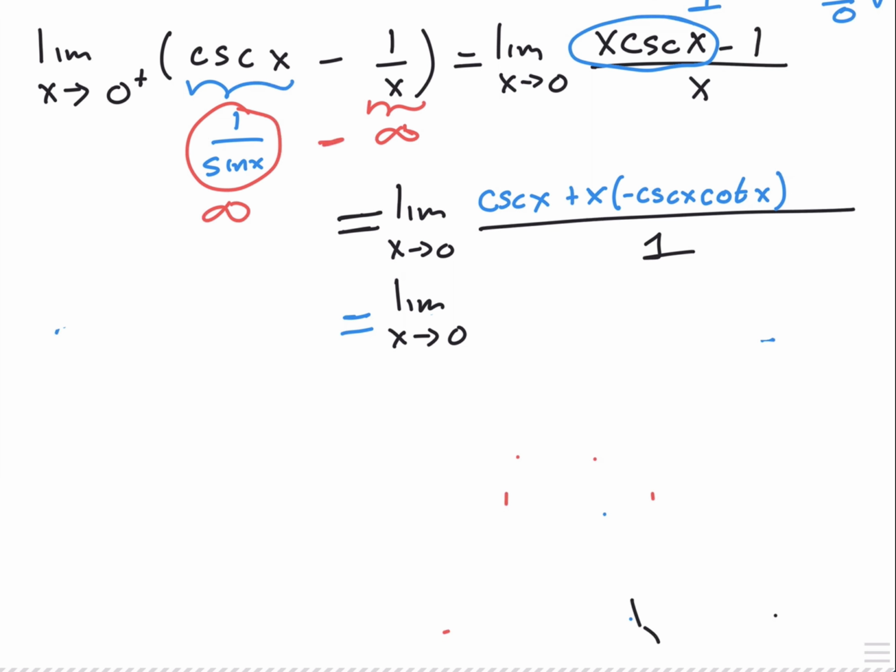So if we rewrite it all in terms of sines and cosines, we get plus, well, let's do minus.